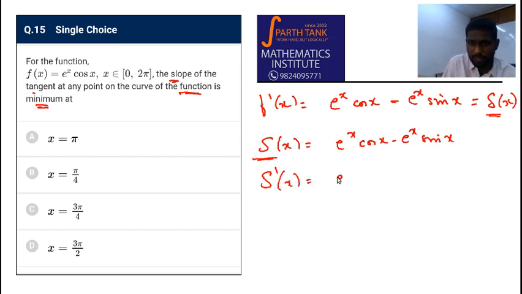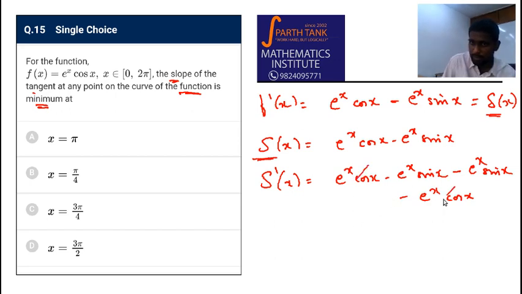So if I differentiate this, I get e power x cos x minus e power x sin x, and if I differentiate these two terms, keep sin x constant, differentiating e power x, you'll get the same thing, and then if you keep e power x constant and differentiate sin x, you get cos x with the same minus here. So this leads to cancelling both, and I get minus 2 e power x sin x. Okay, this is s dash of x.